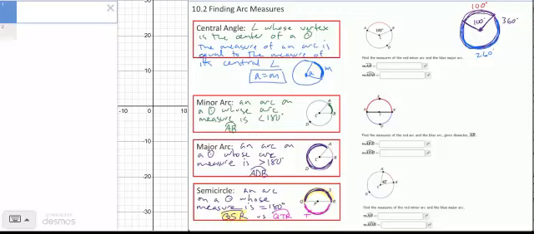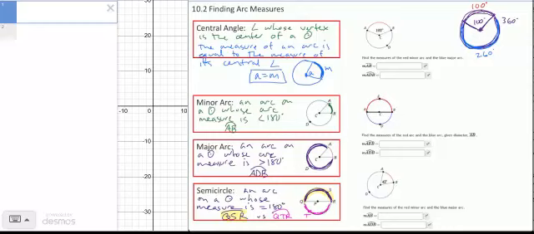Just really quickly, see if you can answer both parts of each of these three questions. Once again, you can enter answers as calculations. Remember the two points when you're naming the arc, and the little m in front just means measure of.